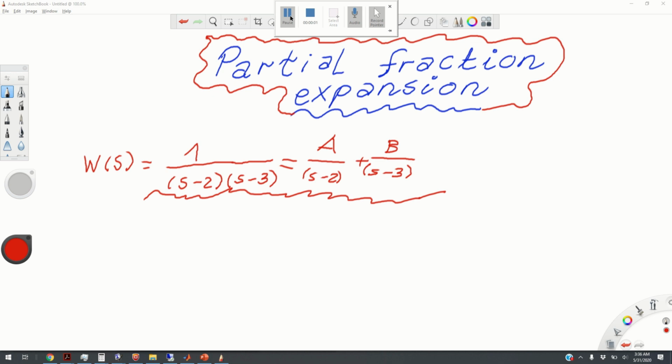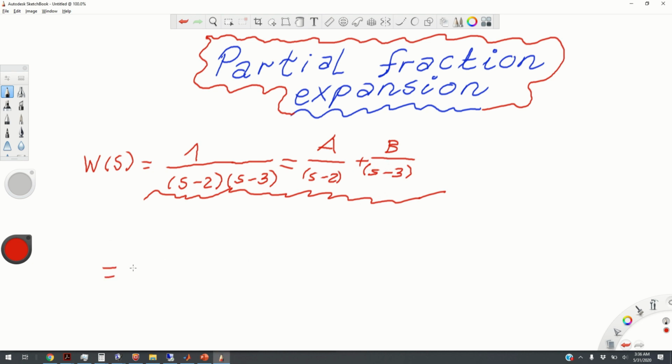So let us start with high school mathematics and use the high school level approach to solve this problem. So we want to represent W(s) as a sum of A over s minus 2 plus B over s minus 3. So what we are going to do is combine these two terms.